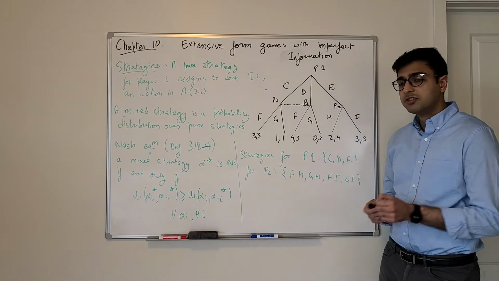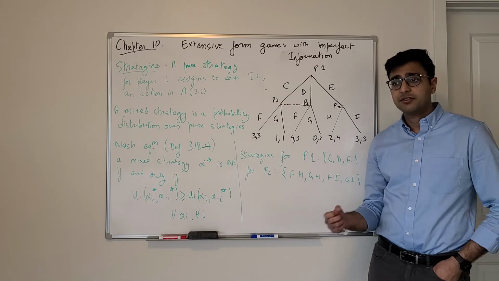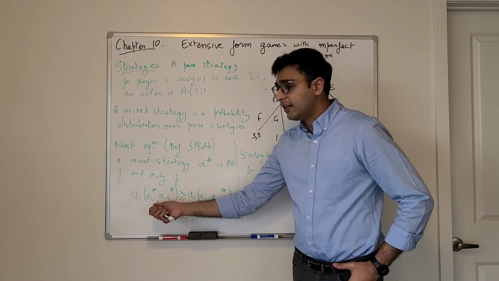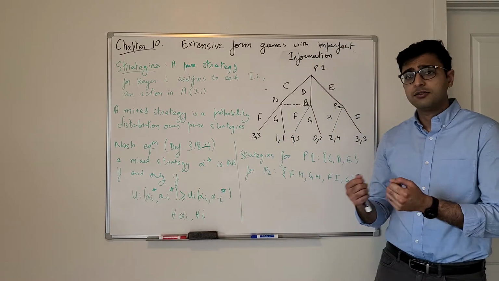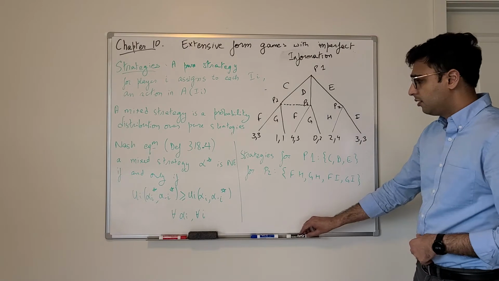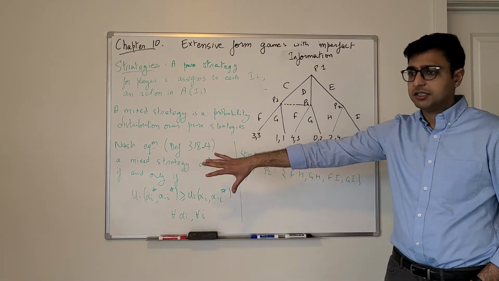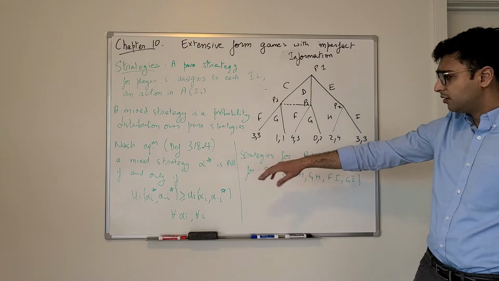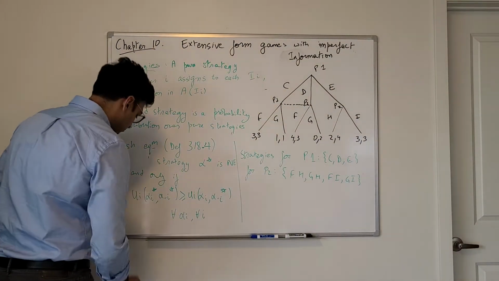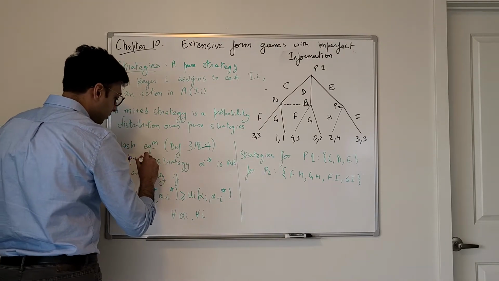Remember, a pure strategy Nash equilibrium is just a special case of a mixed strategy Nash equilibrium in which each strategy is played with 100% probability. So this definition works perfectly well for pure strategy Nash equilibrium. If you want a separate definition, then all you really have to do is get rid of the mixing.